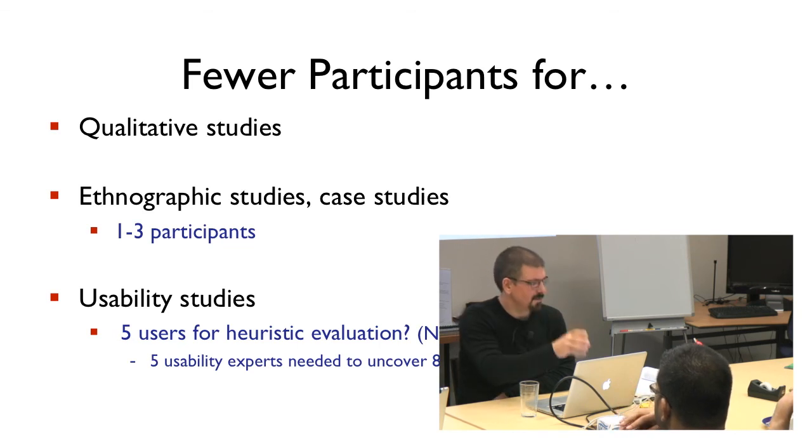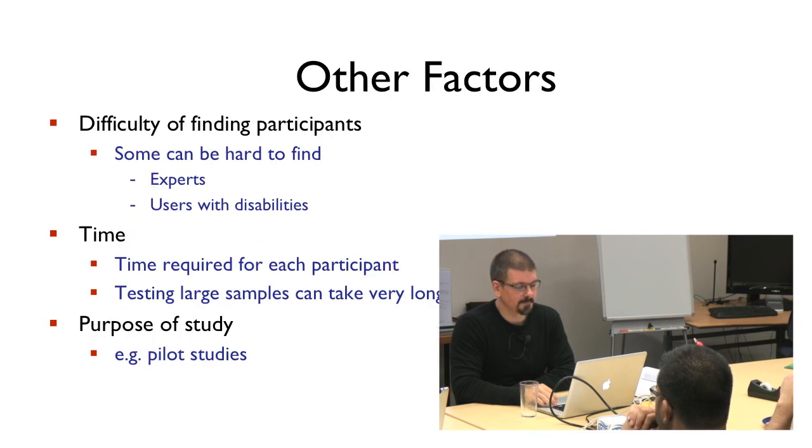So he argues just make several smaller studies with those experts, and that helps you for the next iteration: use again 5 experts to find additional other problems with your new design.